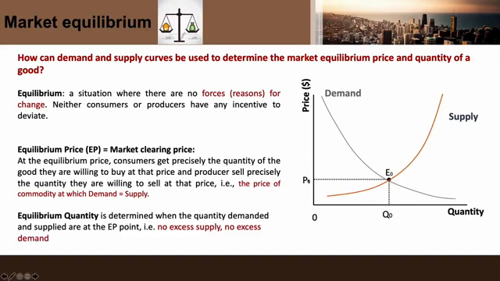Also, the price the consumer is willing to pay and the price at which the seller wants to sell are the same and is P naught. So we are referring to the y-axis for price and the x-axis for quantity. These are the basic concepts and graphs for economics, just to recapture.